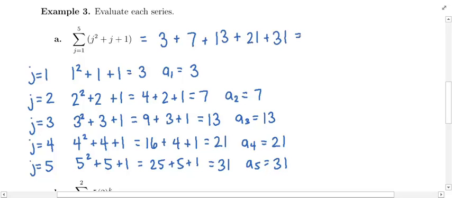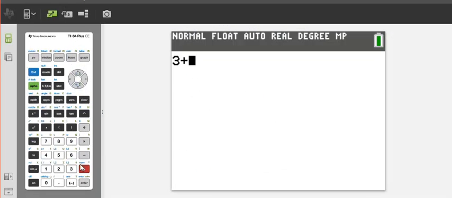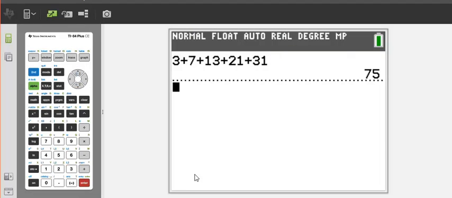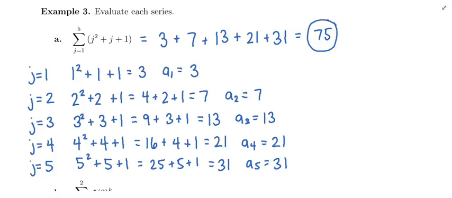I'm going to go to the calculator and add this up. I've got 3 plus 7 plus 13 plus 21 plus 31. Here's your answer. The answer to this question is 75. I found the first 5 terms of the sequence, added them all up, and the answer is 75.